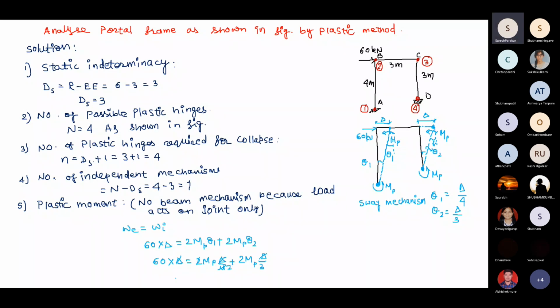Delta gets cancelled. 60 is equal to 7 MP by 6, and therefore MP is equal to 360 by 7, which is 51.43.